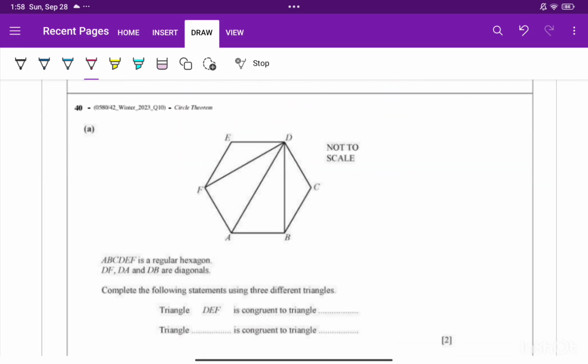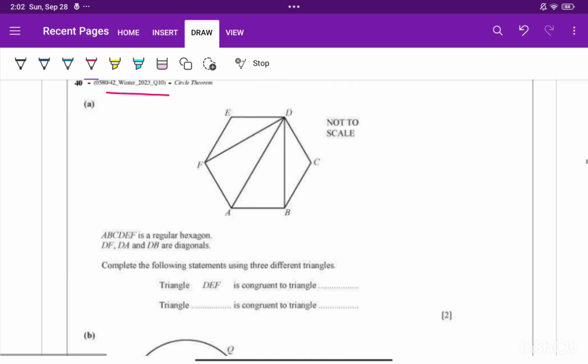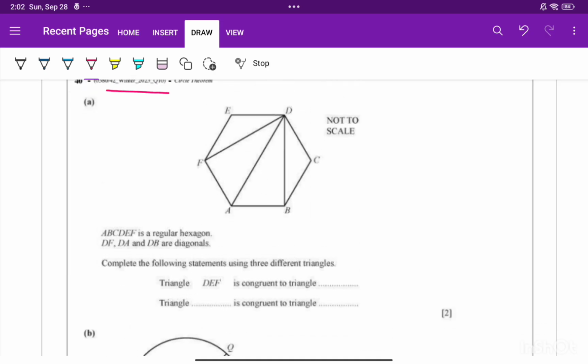Question number 40 has been taken from October 2023. Question 10, part A. ABCDEF is a regular hexagon. DF, DA, and DB are diagonals. Complete the following statement using 3 different triangles.